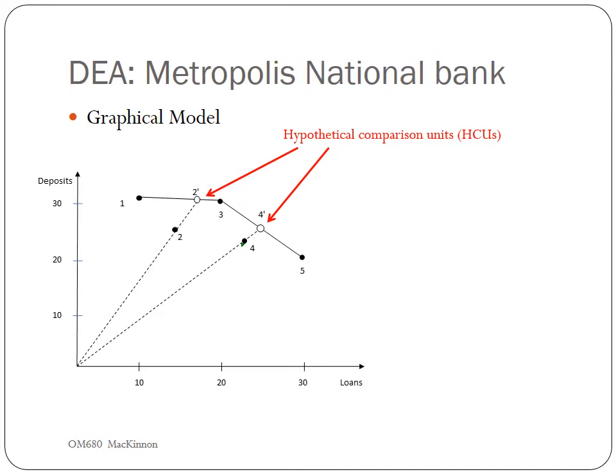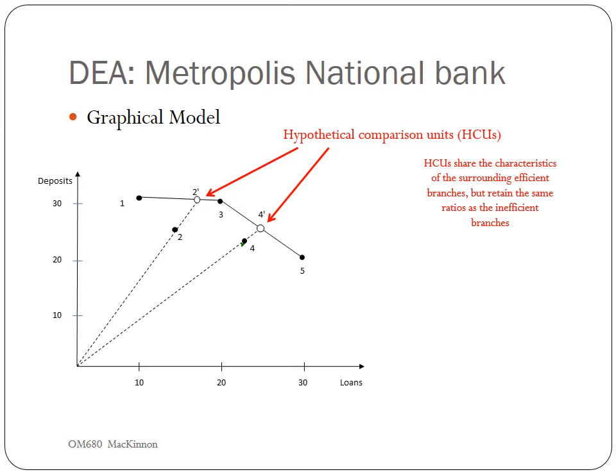These are known as hypothetical comparison units. You were wondering, or I hope you were wondering, where we got the efficiency values for 2 and 4, and this is how we do it. The HCUs, 2 prime and 4 prime, share the characteristics of the efficient branches, greater output essentially, but they retain the same ratios as the inefficient branches.